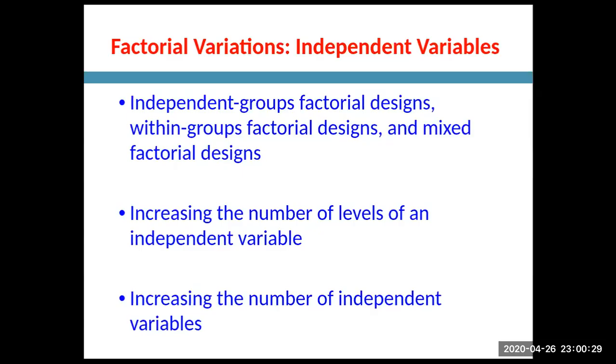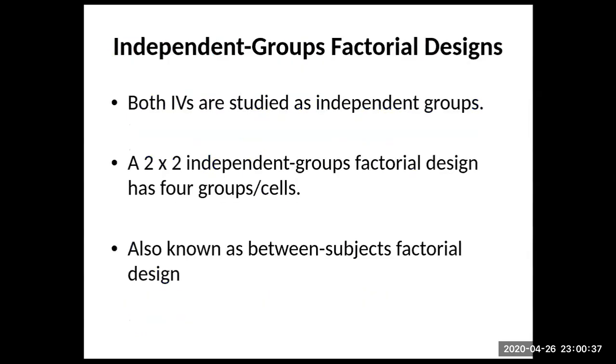What happens if we increase the number of levels on an independent variable? And what happens if we increase the number of independent variables? So when we look at between group designs, again, both IVs are going to be studied between groups. So you're either on a cell phone or you're not on a cell phone. You're either younger or you're older. You're not both.